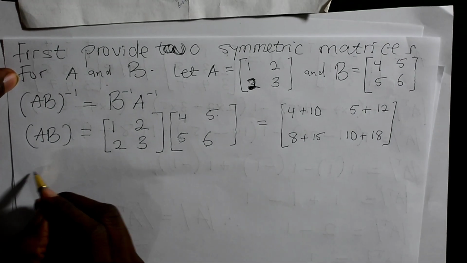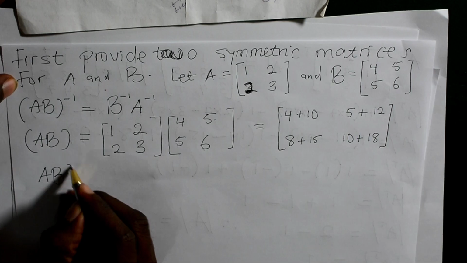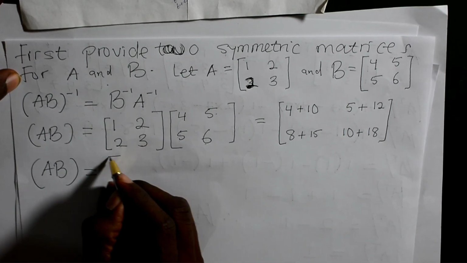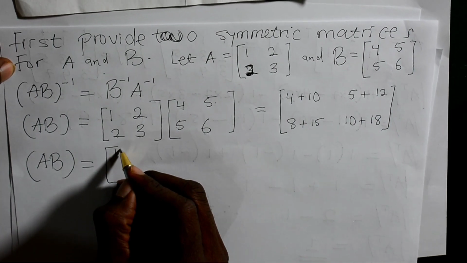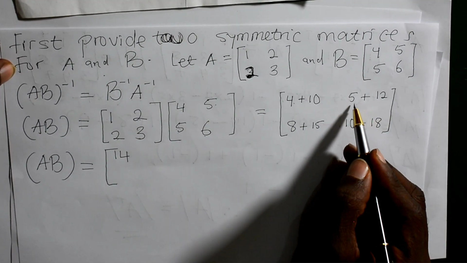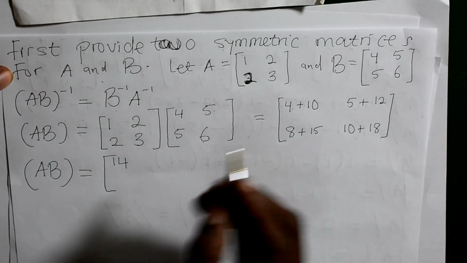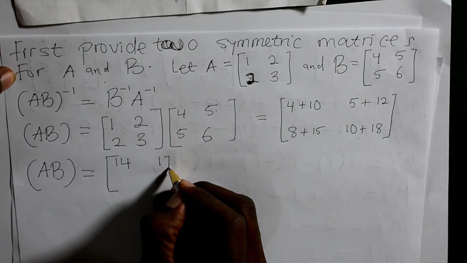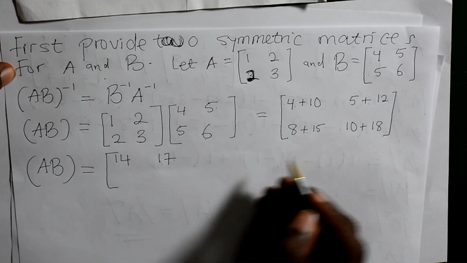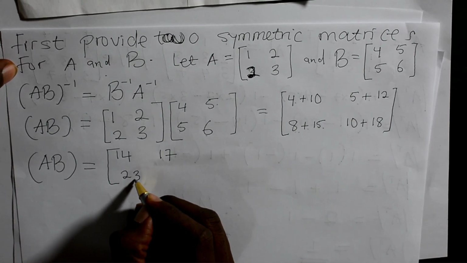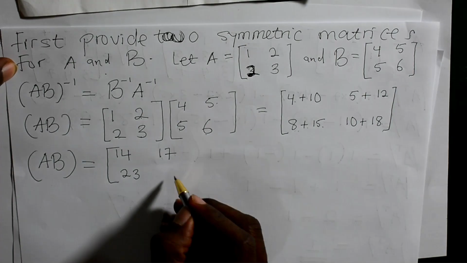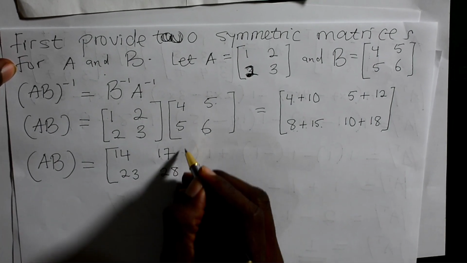So now matrix AB will be equal to 4 plus 10, 14. 5 plus 12, 17. 8 plus 15, 23. Then 10 plus 18, 28.